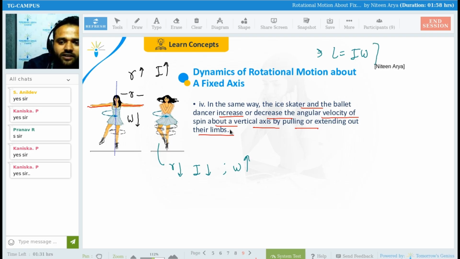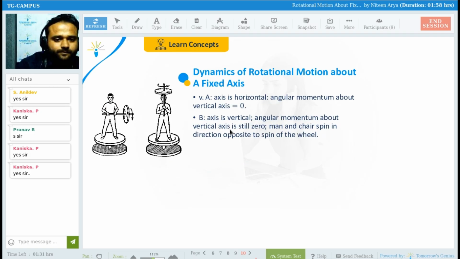These are the basics, where we'll use this to see the increase and decrease in the angular velocity. Here as well, the axis is horizontal, so angular momentum about the vertical axis is 0. If the axis is vertical, angular momentum about the vertical axis is still 0, so the man and chair spin in the direction opposite to the spin of the wheel.